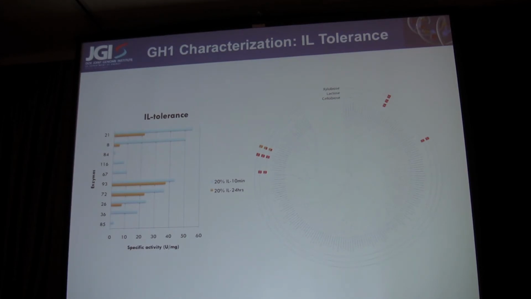Usually, when you do an industrial fermentation, you want things to go on for 2 or 3 days. So we need enzymes that keep this activity at these conditions over long periods of time. What we did was a pre-incubation of the enzymes, even before adding any substrate, for 24 hours. Then we measured the residual activity of the enzymes after the 24-hour incubation, and we see that at least 5 of the enzymes still have a substantial amount of activity.